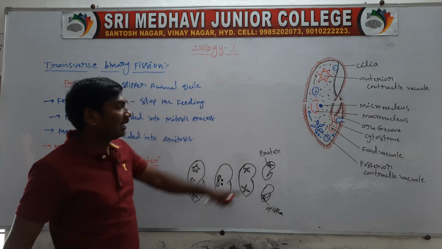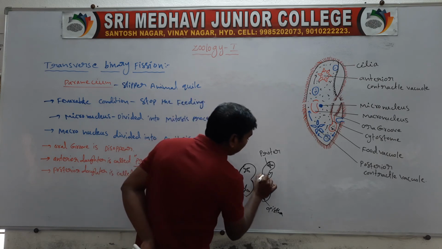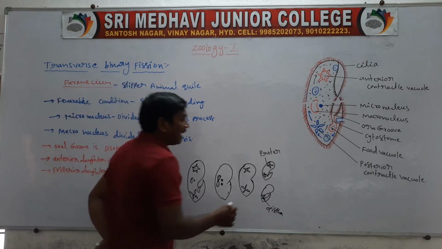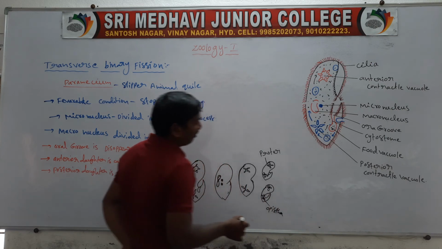The proter newly forms a posterior contractile vacuole, and the opisthe newly forms an anterior contractile vacuole.